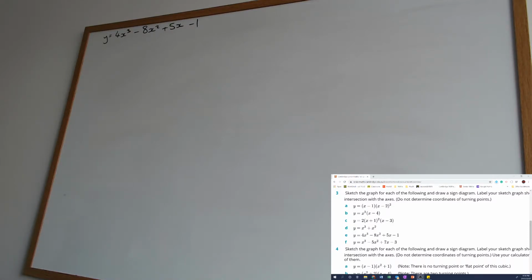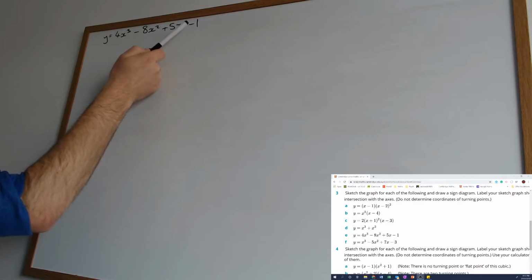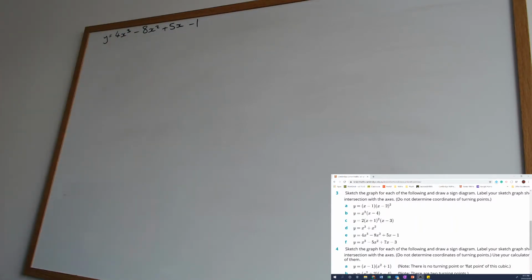Now, to factorise it, we need to find a factor first, so we need to find one of those brackets. We're using the rational root theorem. We're going to try and sub in values of x, and if we can find a value of x that makes this whole thing equal to 0, we know it's a factor. That's our factor theorem. The only ones we're going to try are factors of 1 in the numerator and factors of 4 in the denominator.